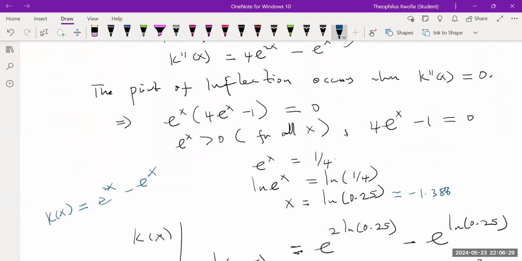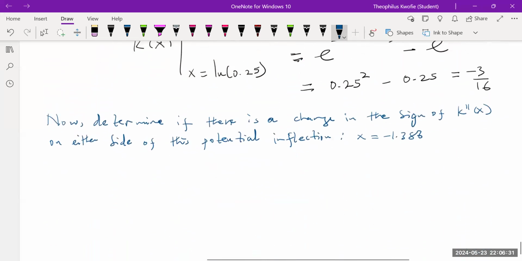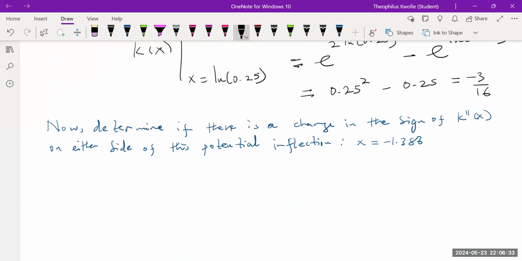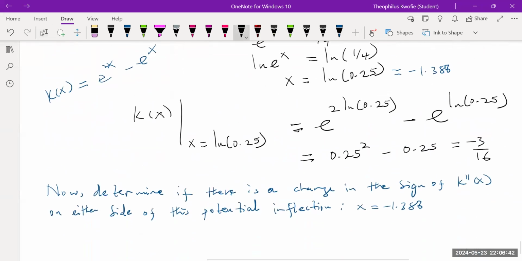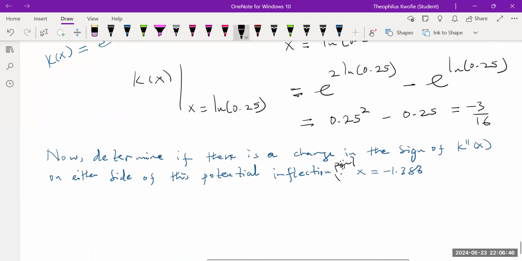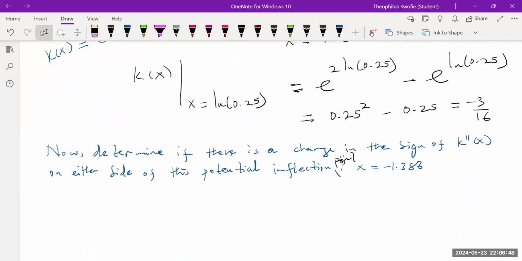If you use a calculator, you should get something like this. So let's try and find out if there's a sign change on either side of this potential inflection point. Please let's take note. This should be an inflection point here.